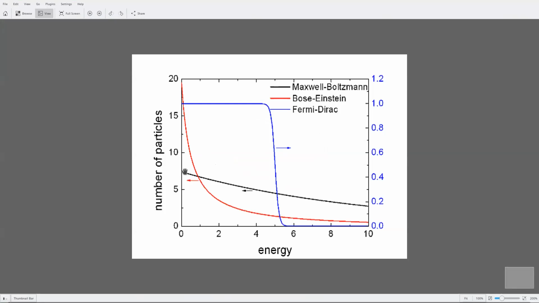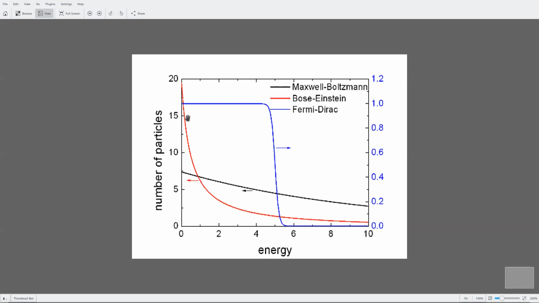You see the Maxwell-Boltzmann just going down as an exponential normally. The Bose-Einstein is going to fill almost all the lowest state, with a real peak at the basic level, zero energy. Fermi-Dirac instead does the opposite, while the others are collapsing toward the vertical axis.